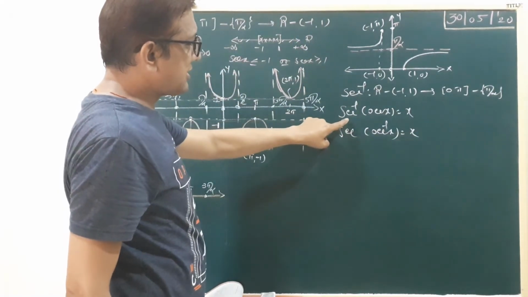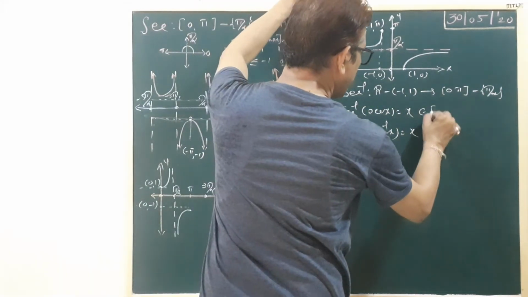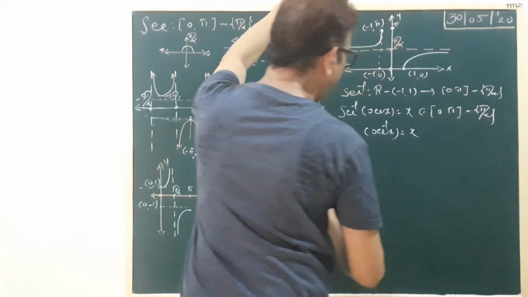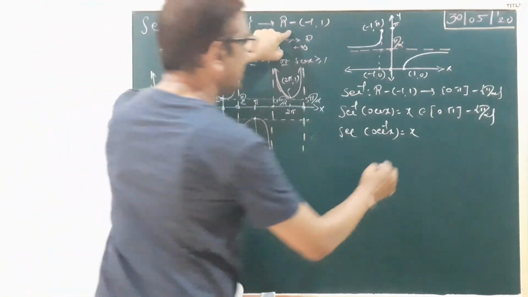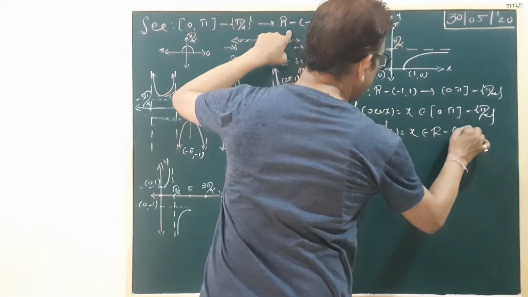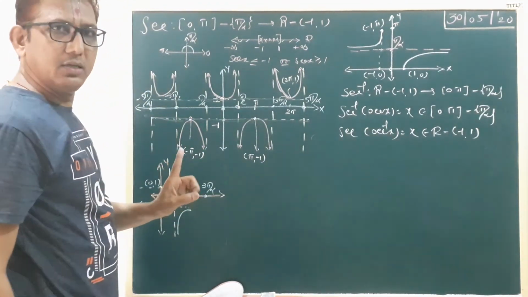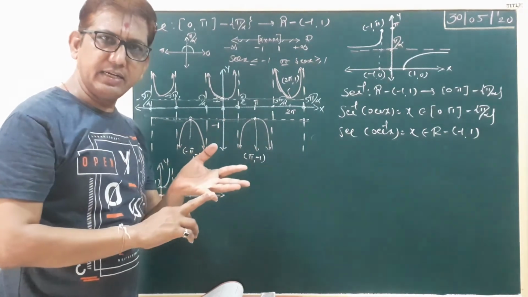Outside the function is sec inverse, so the sec inverse range applies, so x belongs to 0 to pi minus pi by 2. And for sec of sec inverse, outside the function is sec, so the sec range applies: R minus the open interval minus 1 to 1. Clear? Okay. Our 4 functions are already completed.